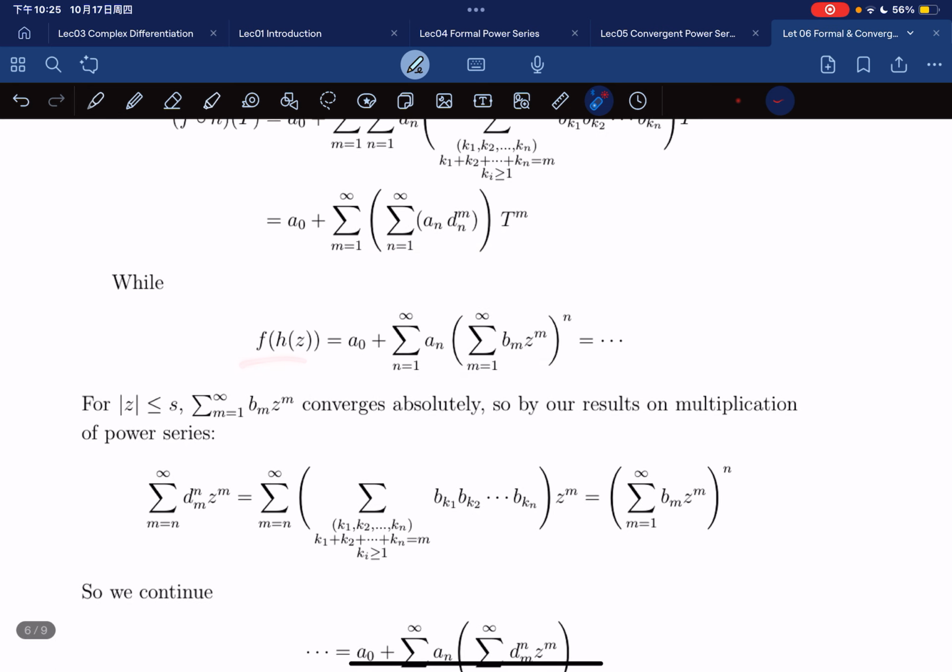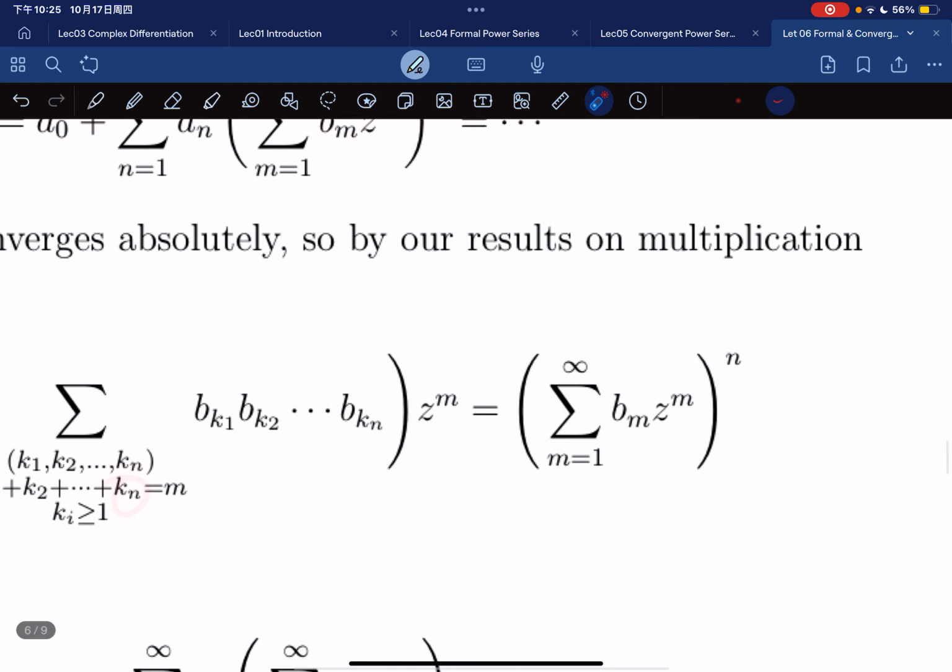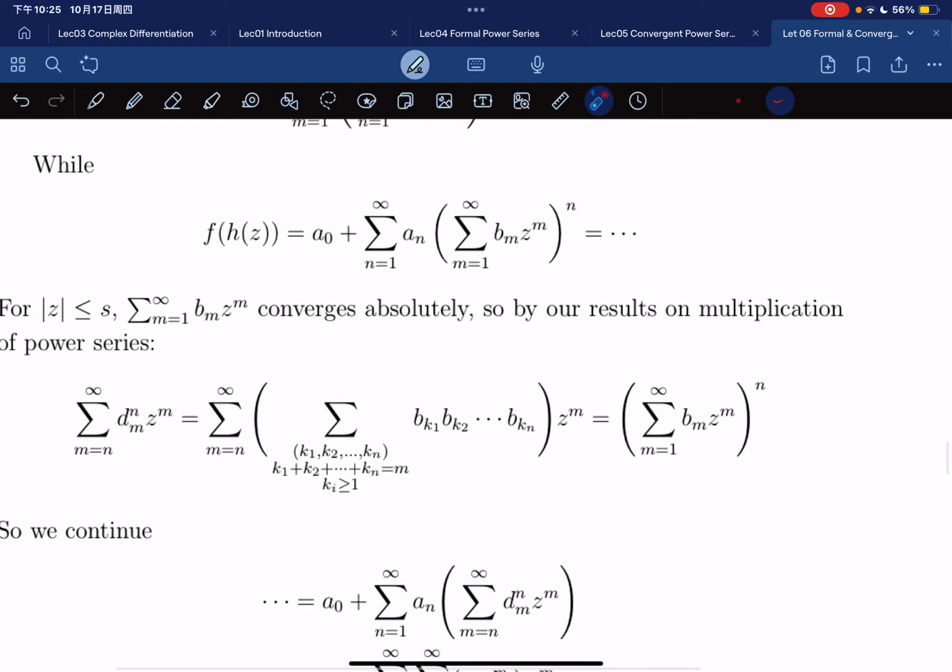f of h of z. Well, since we're assuming this is true, so it converges absolutely. So by our results on multiplication of power series, we use that. This thing is equal to this thing multiplied with itself n times. Notice the n here and the n here, and multiplied with itself n times, because this is the series where m must be at least n.